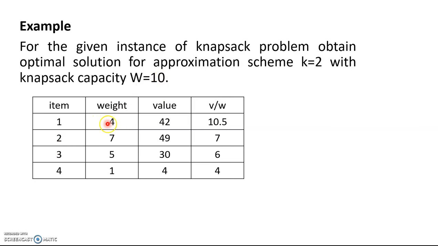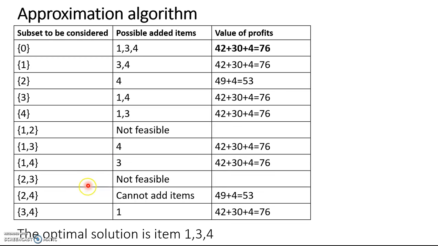But if I try to add item 1 along with that, it exceeds the capacity of my sack. And if I try to add item 3, here again it's not possible because already 8 is inside the sack, and 8 with 5 exceeds the sack capacity. So along with 2 and 4, I can't add any other items. So for 2 and 4, I am just adding its value, which is 53.